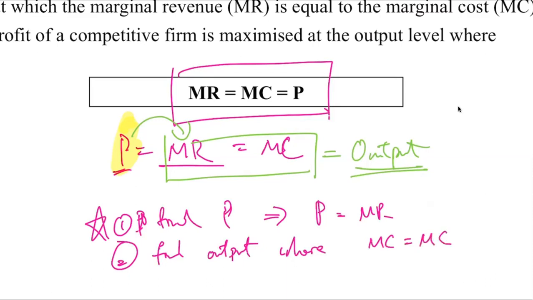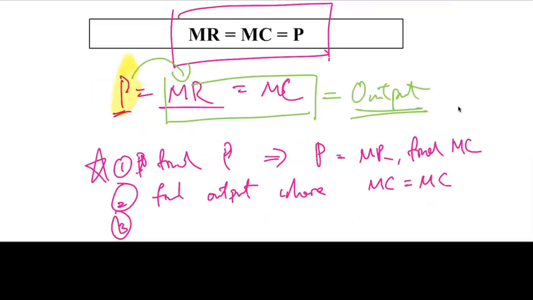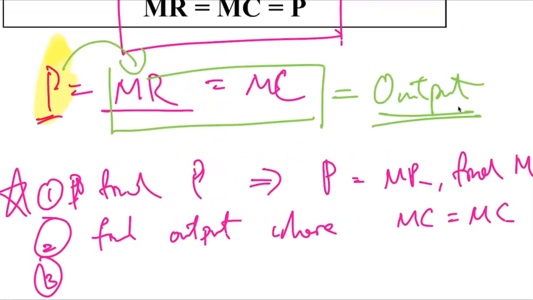But sometimes you need to find the MC also from the table. Find the P, find the MC, then we will find the output. First step. Because when we want to find the profits, we need to know this.